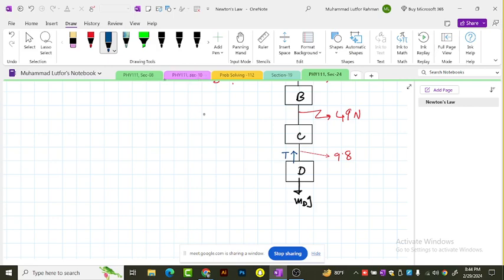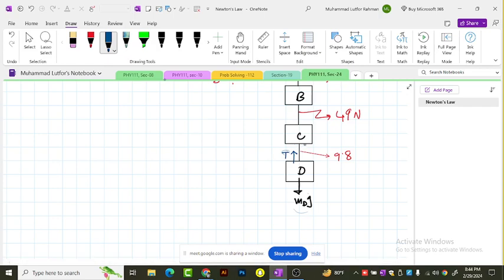What are they? Sir, the tension of the string below it and the tension from the string above it. Then what about the weight of this block C? So it will be the sum of the tension of the string below it and the weight. No, that's not right, because this tension is acting because of the weight of block D, right?